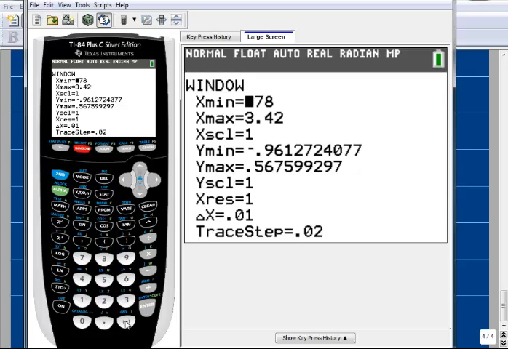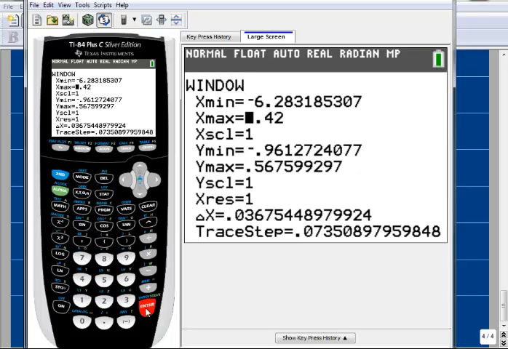So I'm going to use the pi key, which is second up caret, to set the x minimum to negative 2 pi. When I press enter, it gives me the decimal approximation. I want my x max to be 2 pi.